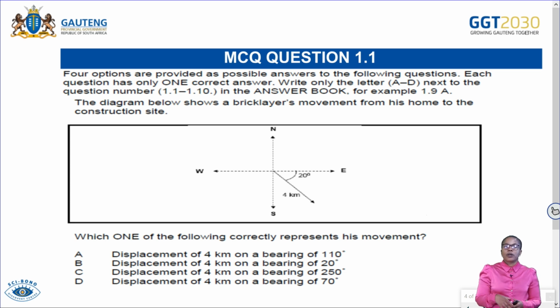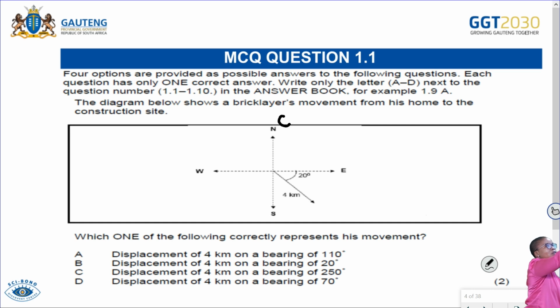Now, your reference point, remember, we said it is always in the north part of your diagram, of your Cartesian plane. So this is where your 0 degrees will be, meaning that this is where you place your protractor and start moving in a clockwise direction.